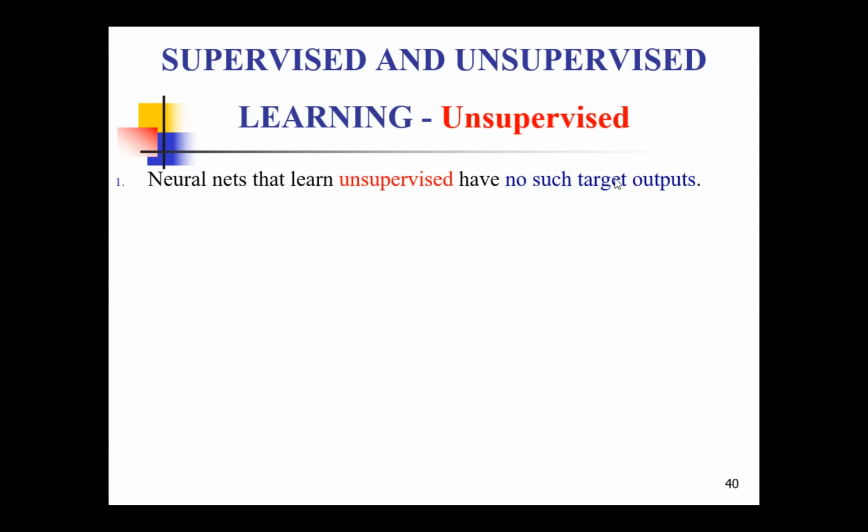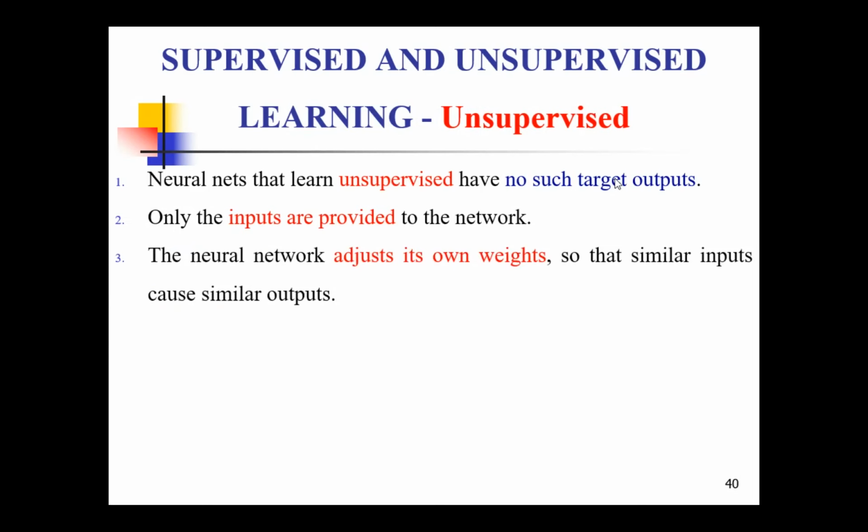Then unsupervised. In unsupervised learning, there will not be any specific target outputs. We only provide the inputs, and the weightages will be determined by the system itself. The neural network adjusts its own weights so that similar inputs produce similar outputs.